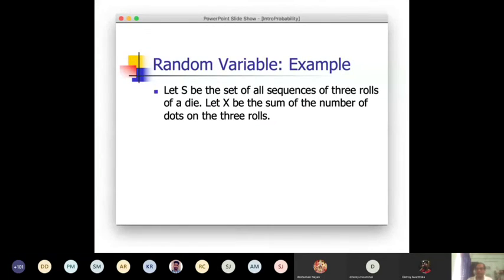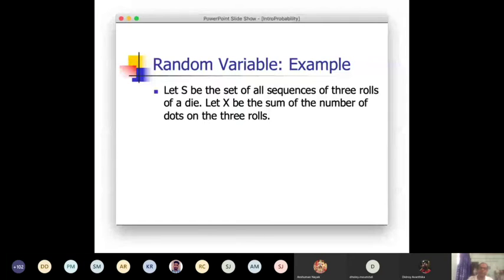So what is the sum of the outcomes of 3 throws of a die? That sum itself is a random variable.